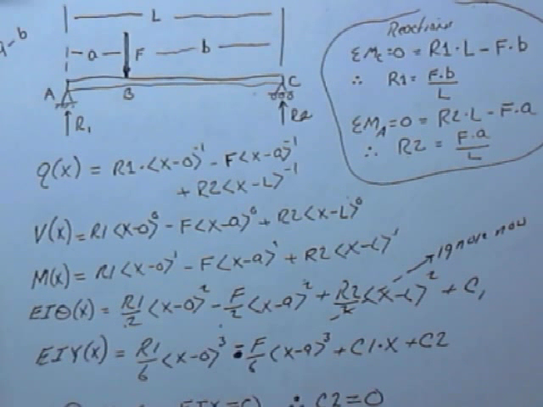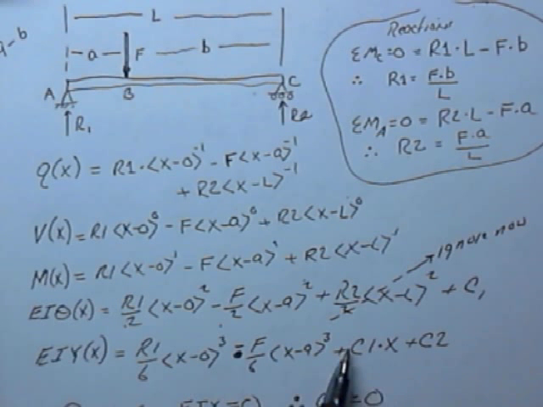So at x equals 0, EIy is 0. At x equals L, EIy is 0. At x equals 0, if I plug in x equals 0 everywhere, I'm going to get 0 on the left-hand side. I'm going to get a 0 from this term. x equals 0 does not enable this term. This term does not turn on.